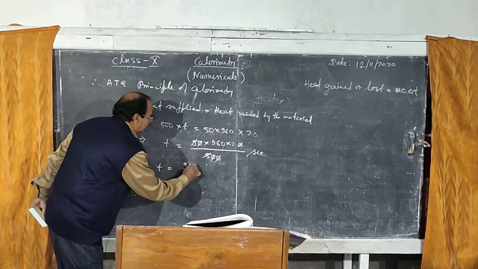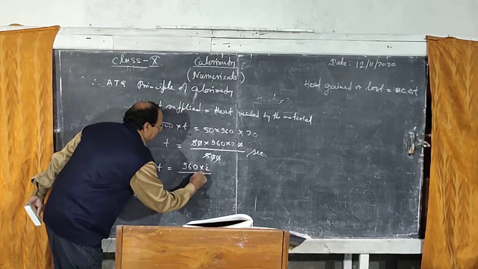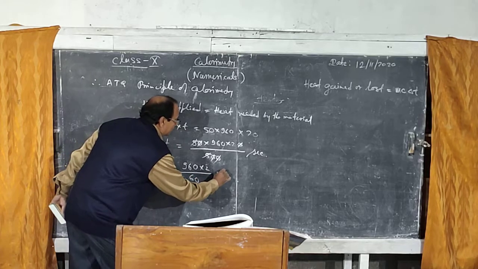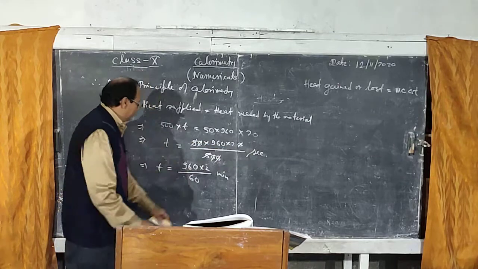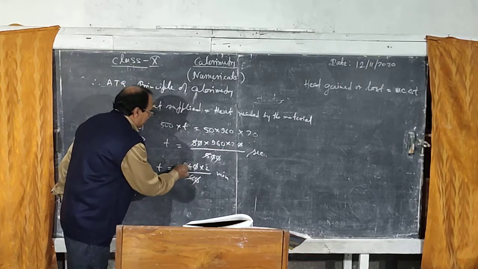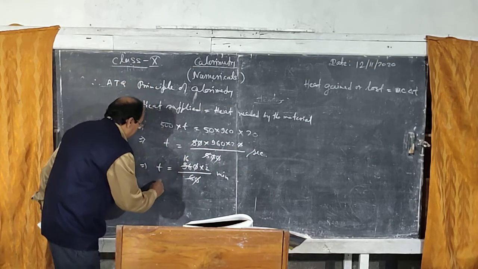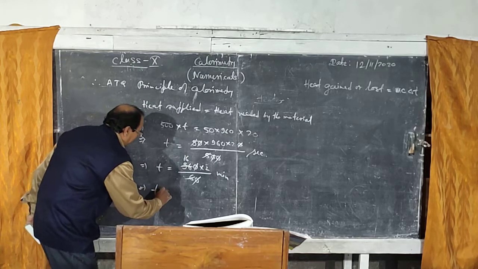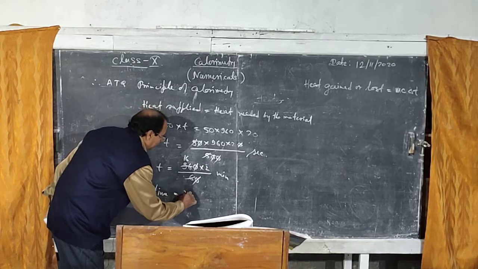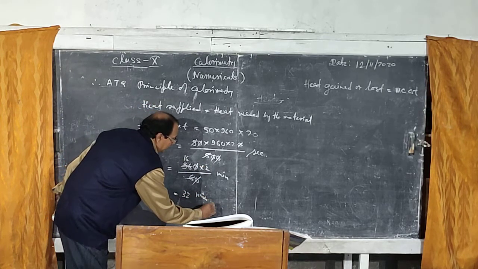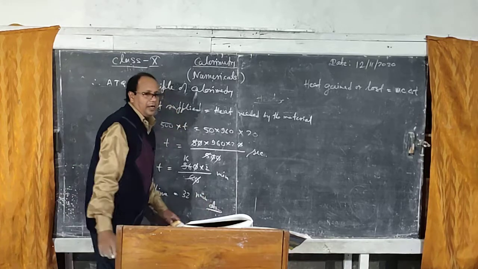Now 960 into 2 divided by 60, then you will get time in terms of minutes. If time permits, you can go for that, otherwise you can write in seconds only. So ultimately we got the answer, time equals 32 minutes. This is your answer.